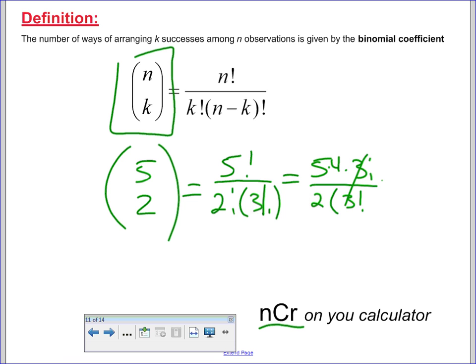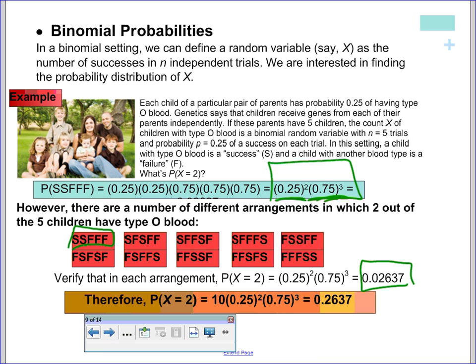That cancels, and we get 20 over 2, which is 10. Which, if we go back, you will see is this number right here. And so that's the coefficient. There are 10 different ways that that can be arranged.